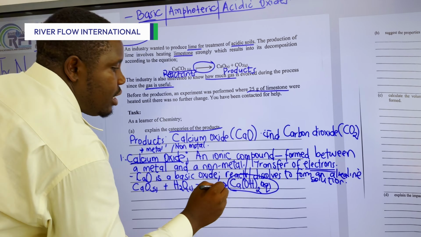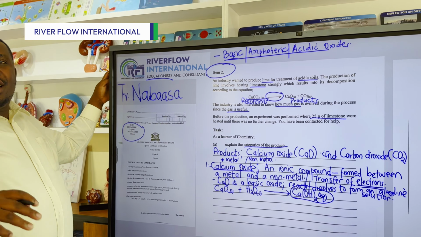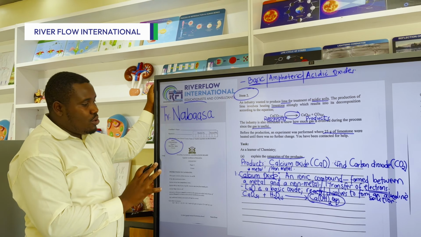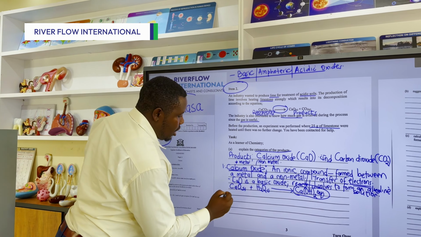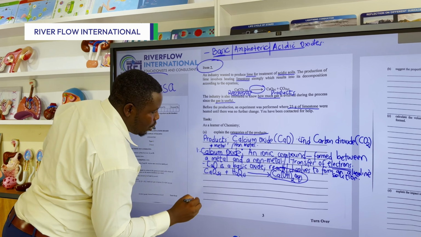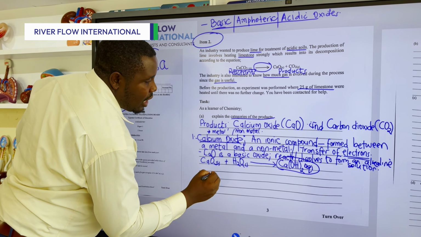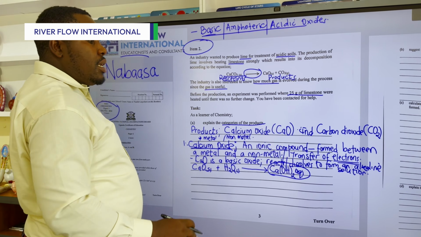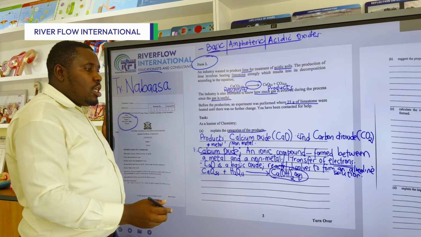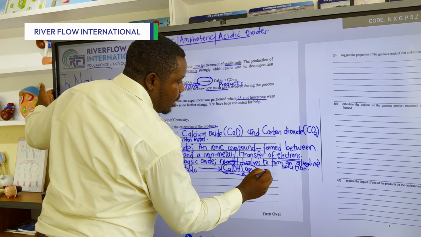This one is the alkaline solution. Those of you who do not know how to use symbols, it's okay. You can write a word equation and say calcium oxide plus water forms calcium hydroxide, which is the alkaline solution. So this is the alkaline solution we are talking about.